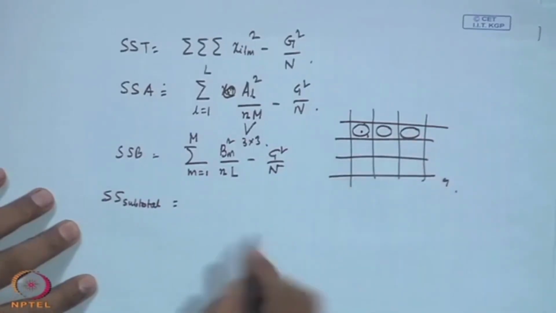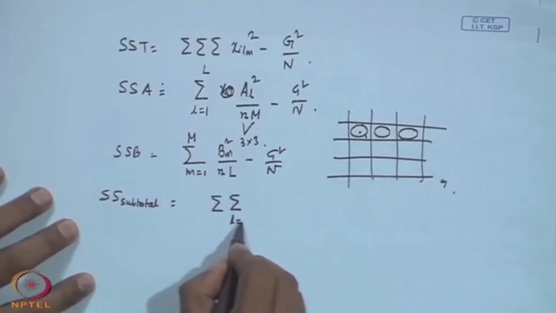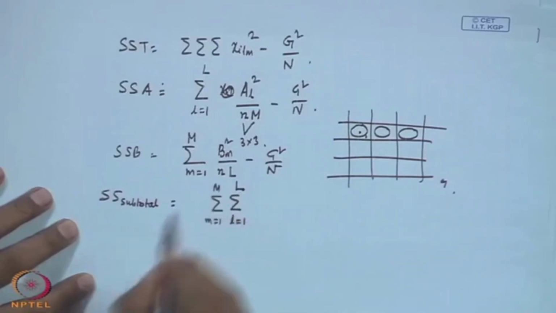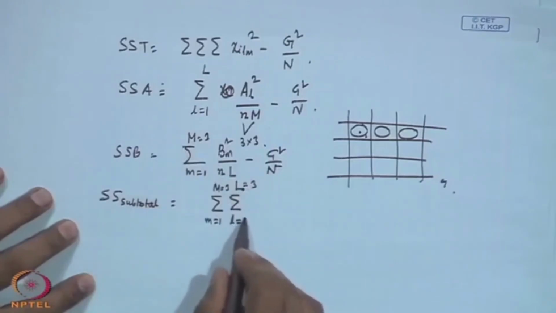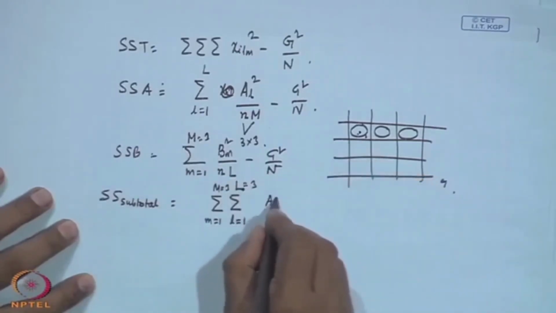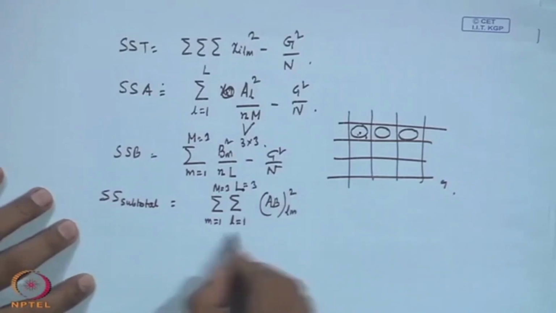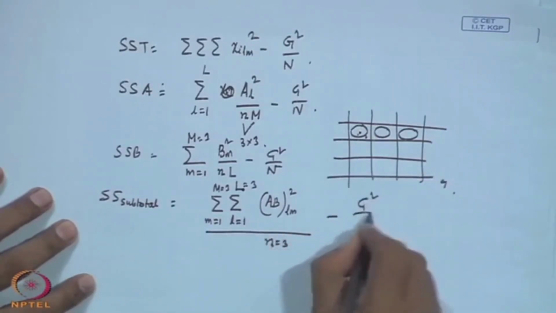These nine values come from L equal to 1 to capital L and M equal to 1 to capital M, where capital L equals 3 and capital M equals 3. These values we have given the name A B L M, as you have seen earlier. So you square these, and each is basically an addition of 3 values, divided by n, which equals 3, minus G squared by N.